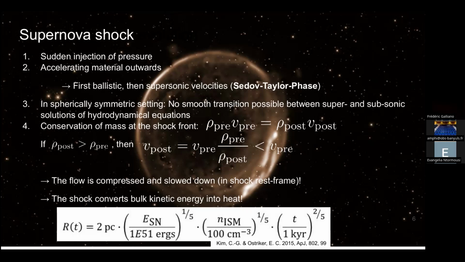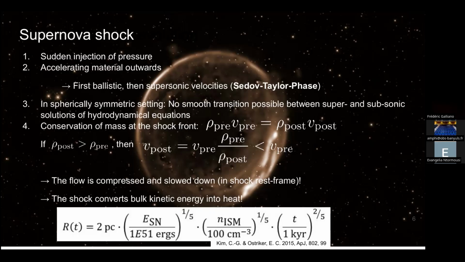And you can find out some of the properties of this shock by a very simple estimation. If you look at the continuity equation here in the shock rest frame, where the shock is at rest, all your time derivatives vanish. So the continuity equation reduces to this very simple form of the conservation of mass. If you have an outside medium that is much more dense than what is inside, so everything has expanded already, then you can reorder this equation and you will find that the post-shock velocity after the shock has passed through is much smaller than the pre-shock velocity.